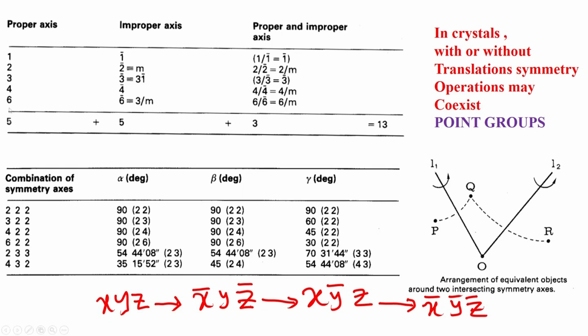In case of the twofold axis, there were only x y z and x bar y z bar. In case of the mirror plane, it was x y z and x y bar z. Those were the two equivalent points. Now the operation 2 by m, that by m means that 2 is the twofold axis, let us say about the y axis, about the y direction. The mirror plane is perpendicular to the y direction. So 2 by m therefore defines a new point group, because the number of equivalent points now become 4 instead of 2, and this represents a different kind of space altogether, the 3-dimensional space.